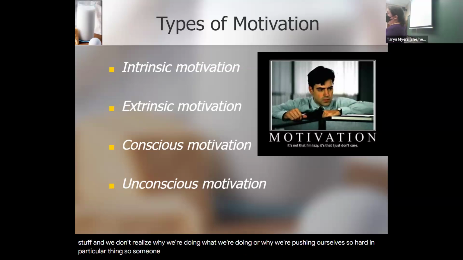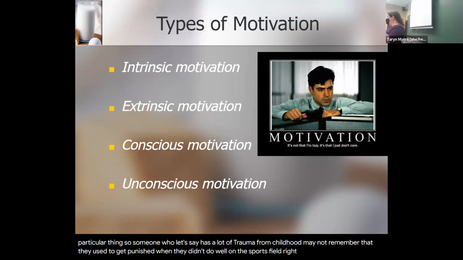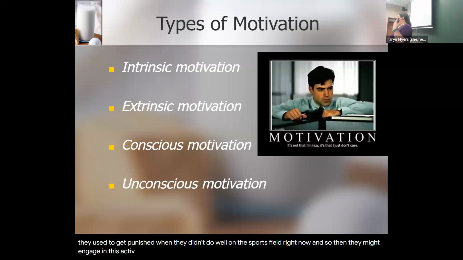So someone who, let's say, has a lot of trauma from childhood may not remember that they used to get punished when they didn't do well on the sports field, right? Your brain literally tries to protect you from that, right? And so then they might engage in this activity and be like, I don't even know why I do this, but unconsciously, it's out of fear, right? Which is kind of sad.